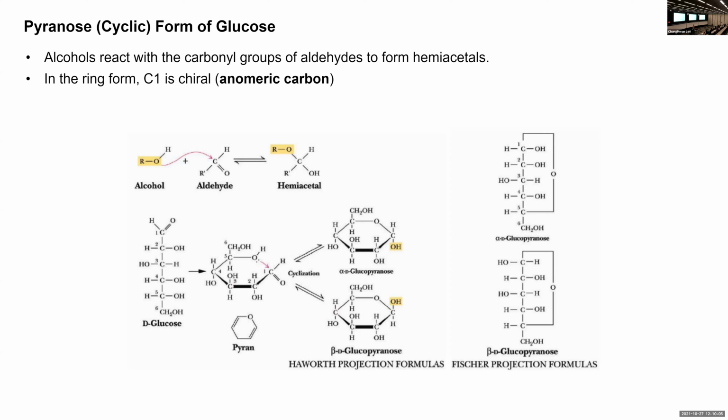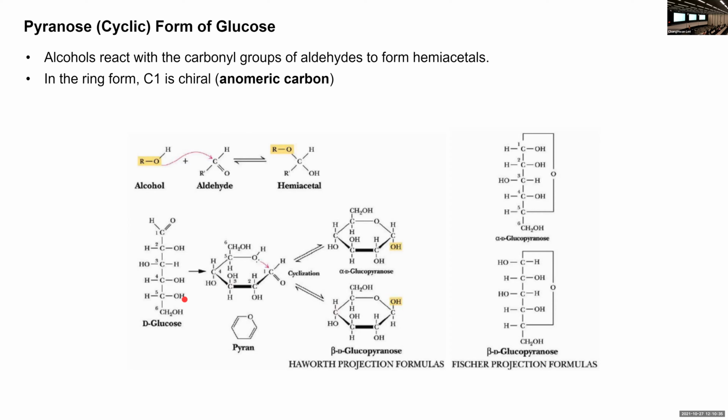Oh, got you. So D or L form is based on the chiral center, right? So it's got to be in the linear form like this. To be able to tell whether this is D form or L form, you have to take into account this linear form, especially carbon 5, whether the hydroxyl group is on your right side or left-hand side.